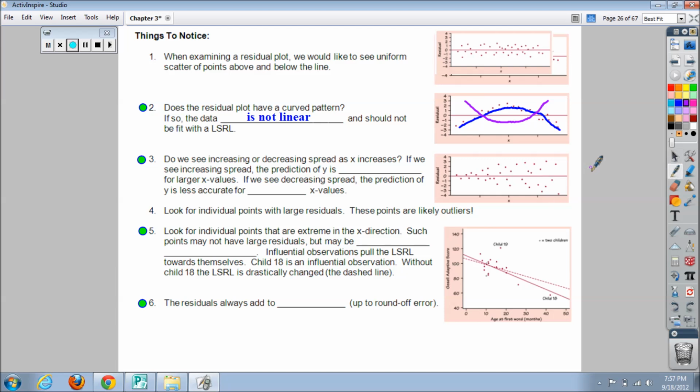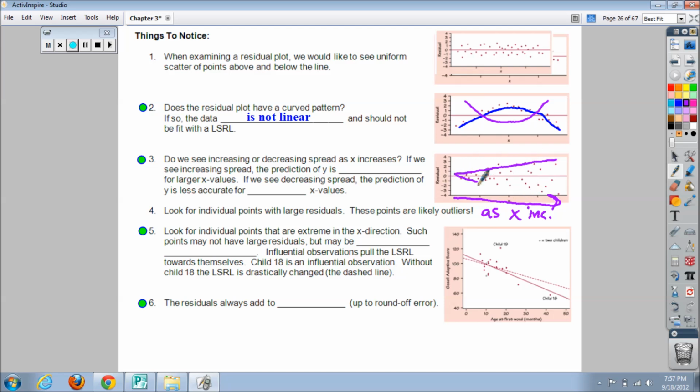Now another pattern you're going to look out for, besides the smiley face, frowny face, is this type of pattern. And notice at first your residuals for your smaller x values are small positive or small negative, but as x increases, notice the residuals get bigger and bigger and bigger.